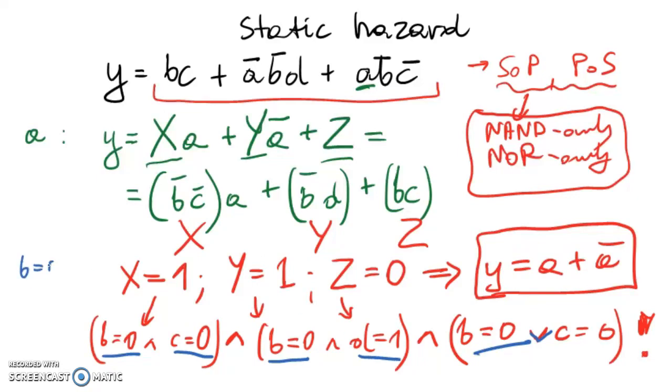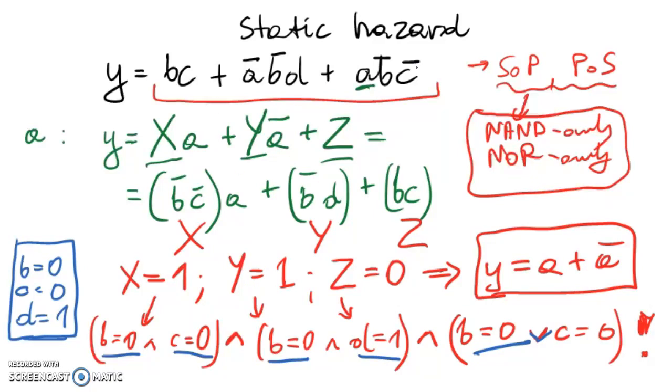So if you have 0 on input B, 0 on input C, and 1 on input D, and if you change A, you will observe hazard, static hazard. So glitches will be present on the output. So there is a hazard when you put this value on input and you will change A. You will observe static hazard.